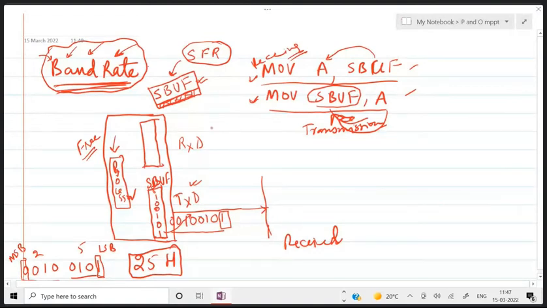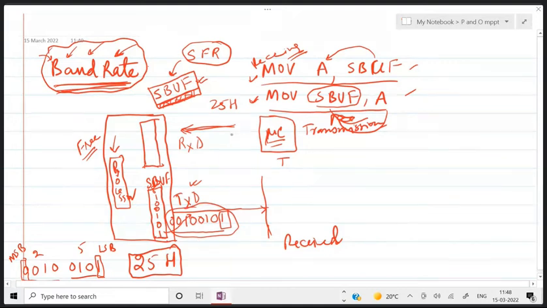Then similarly, when the microcontroller is receiving the data, say the same data 25H is being transmitted, the same thing happens. The other end also will have a microcontroller which will be acting as a transmitter. So it will be sending the data, definitely in this fashion, with the first bit being the least significant bit.